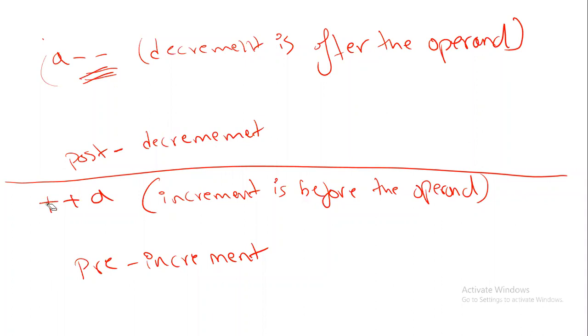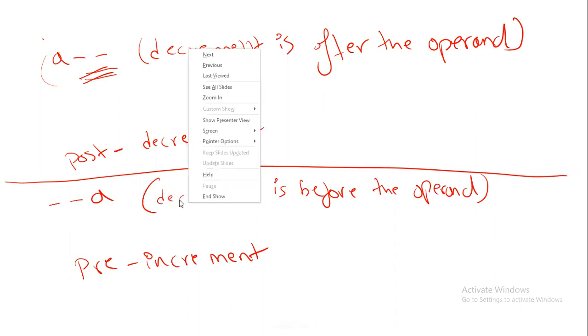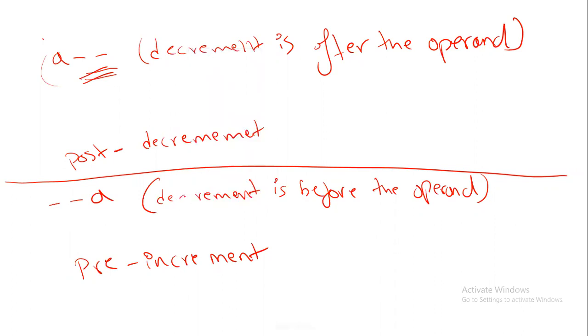And here I'll write --a. The decrement is before the operand, so it is pre-decrement. Okay, simple concept.